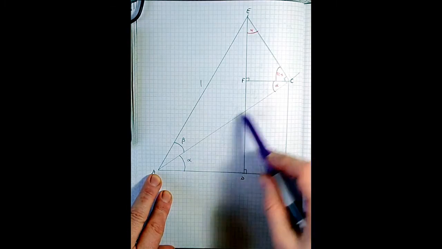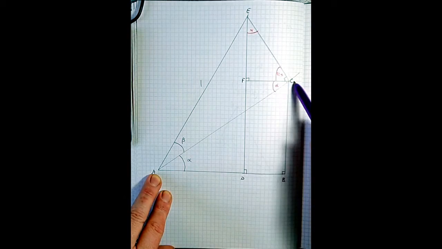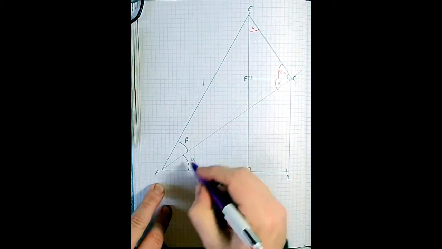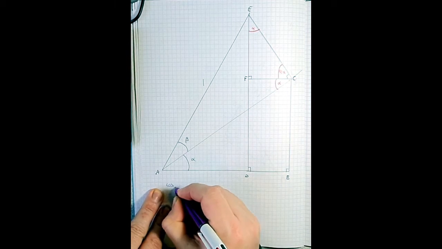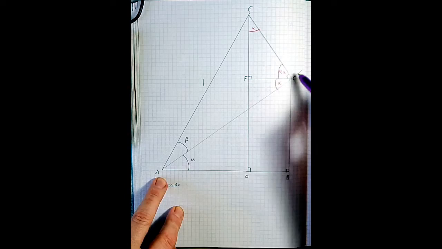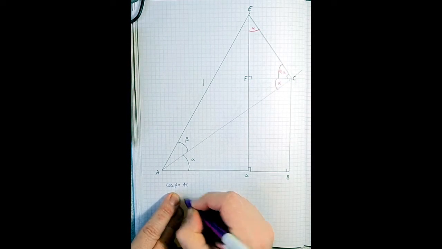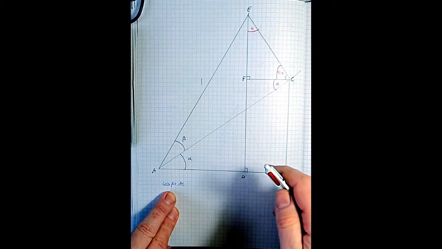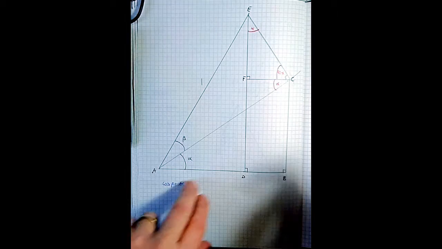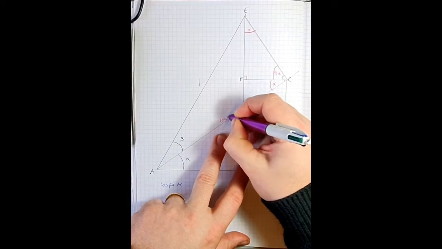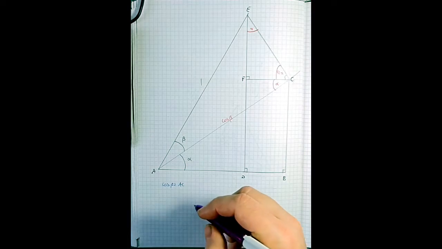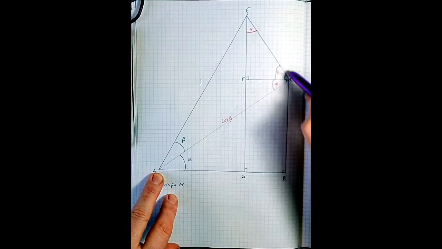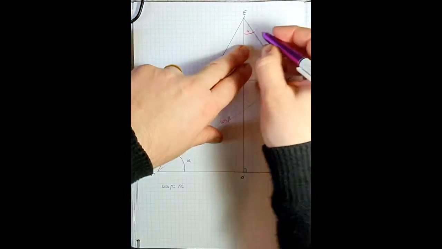This AC is cos beta, adjacent over hypotenuse, AC over 1. So I can write AC as cos beta. That's it. I'm going to draw this side, EC, because if you look at my big triangle, EC is sine beta.